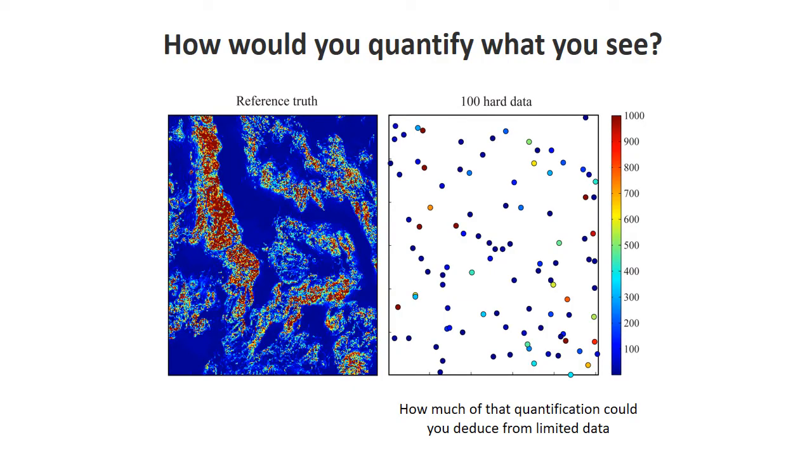So the question is sort of as follows. Suppose you're given some kind of data set, which could be an exhaustive data set, such as here. This is a topographic data set of Walker Lake on the Nevada-California border, or you're given some point data. So the question is, how would you quantify variability that you can observe?